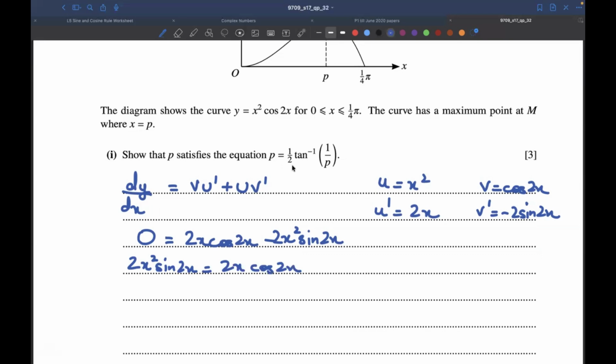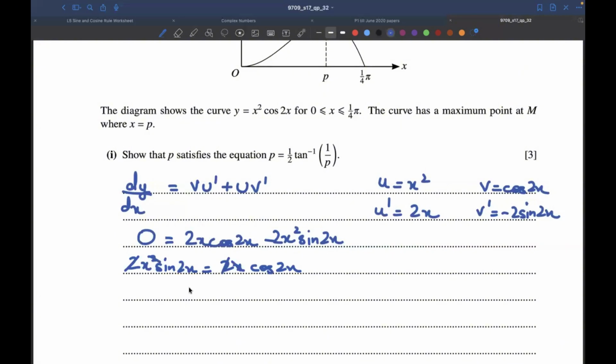And now, as we have to satisfy the equation, p basically represents x over here. So this 2 and 2 will cancel out. And we have x remaining over here and x squared over here, so x squared and x will cancel out.